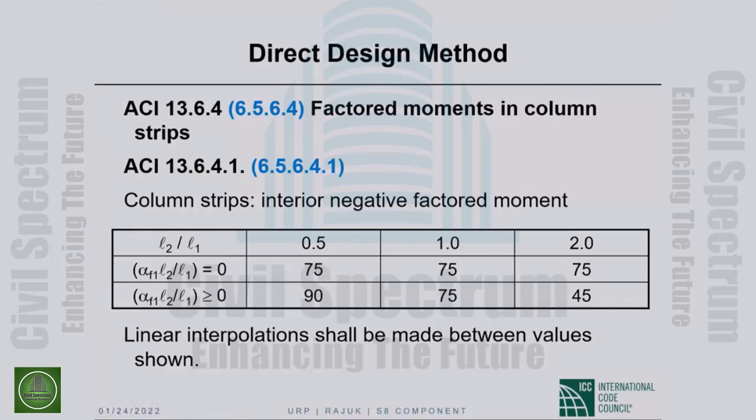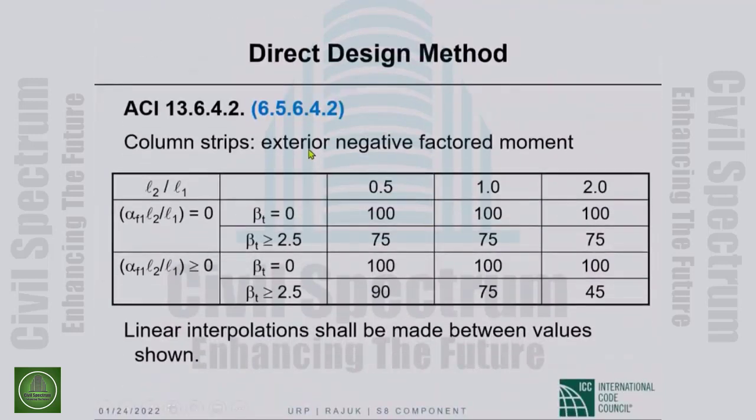That's what this section and this table give you. So for no column line beam, 75% of the interior negative factored moment goes to the column strip, irrespective of the L sub 2 over L sub 1 ratio.